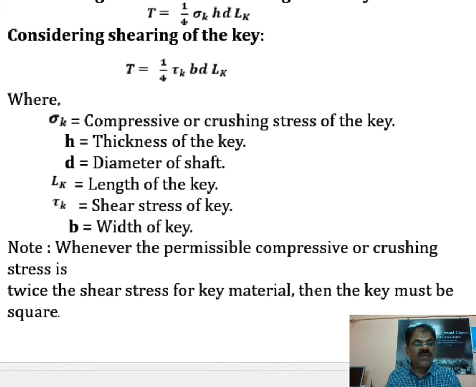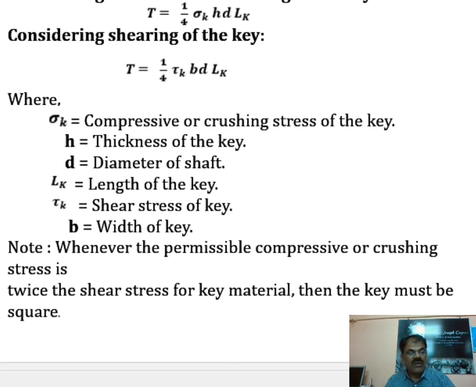Considering shearing of the key, T is equal to 1/4 tau k b d lk, where sigma k is the compressive or crushing stress of the key, h is the thickness of the key, d is the diameter of the shaft, lk is the length of the key, tau k is the shear stress of the key, and b is the width of the key.